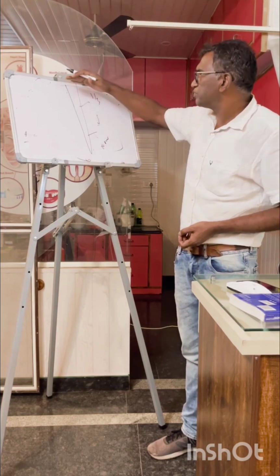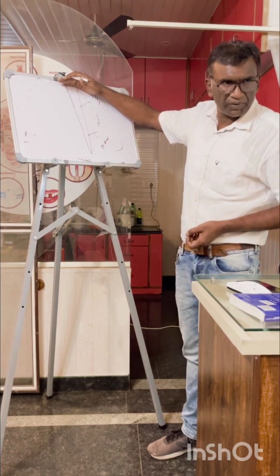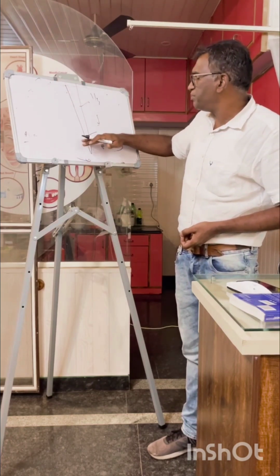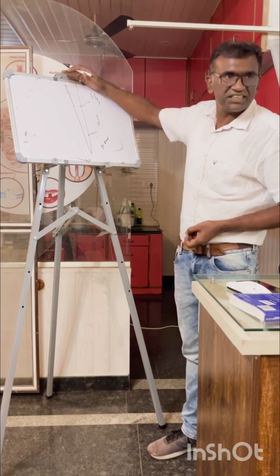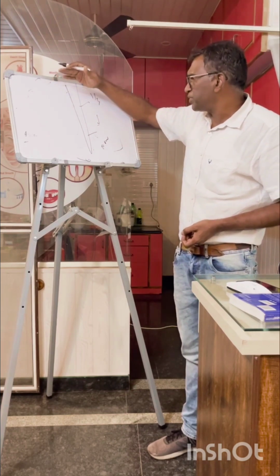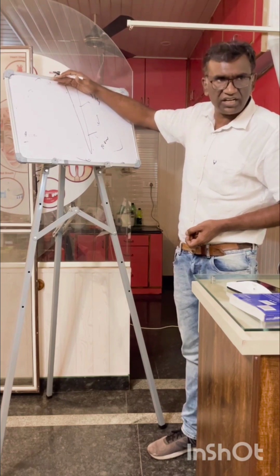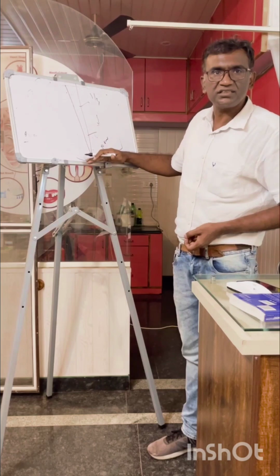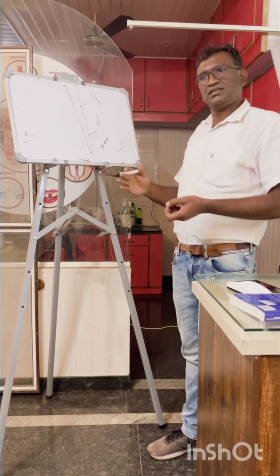From the tip of the apex to the crown, if you go, the diameter increases. Correct. If you come from the cervical orifice to the apex tip, the diameter decreases. That is taper.